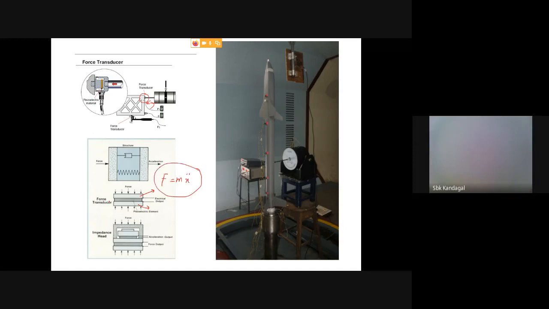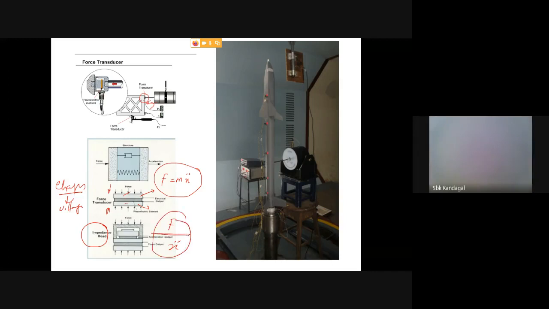So you have a sandwich of two discs and one patch. Whenever there is a force on the sandwiched element, it will generate charges, and those charges are converted into voltage. Another terminology you should note down is the impedance head. What is the impedance head? It is the combination of the accelerometer and the force transducer in the same unit.